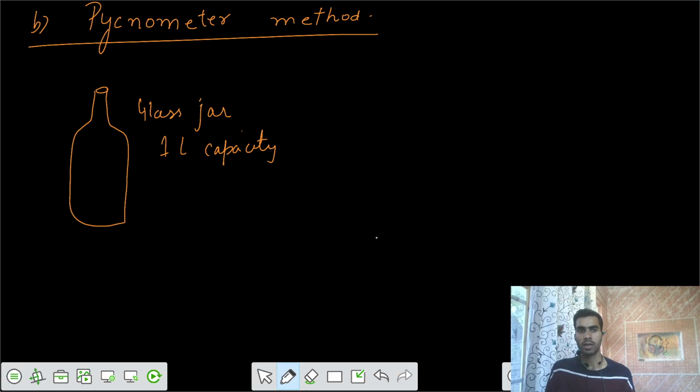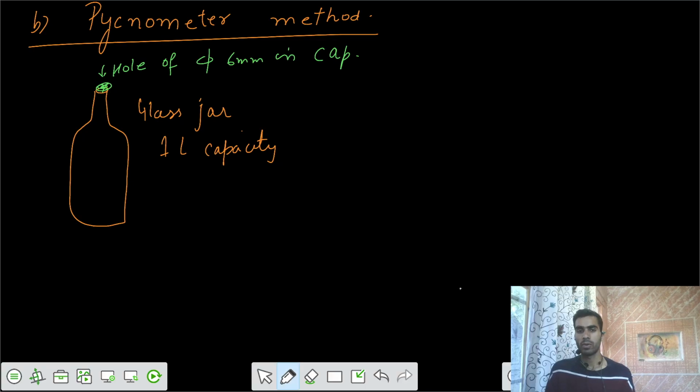It's a glass jar, and it has a lid, or a cap also. In the cap there is a hole of 6 millimeter diameter.